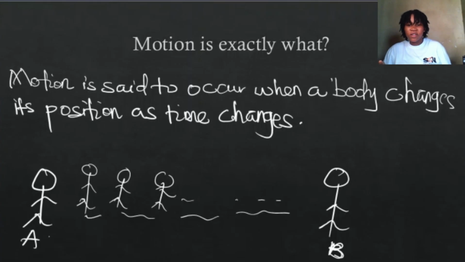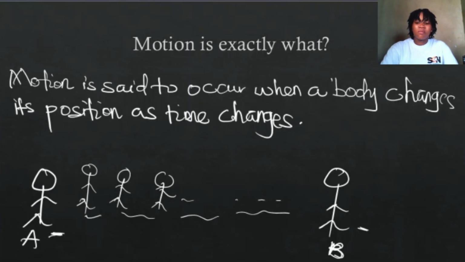So the boy was running from point A to point B. As the boy's position changed with time, this phenomenon is known as motion.